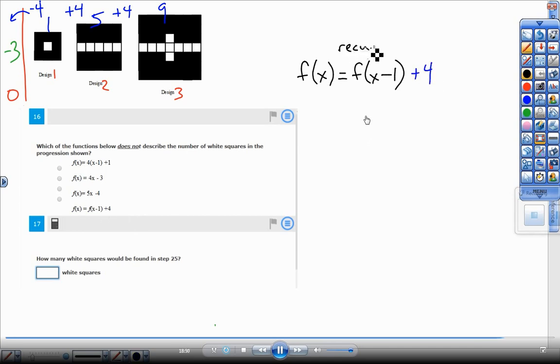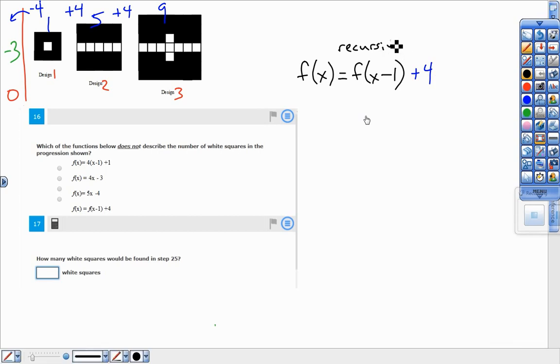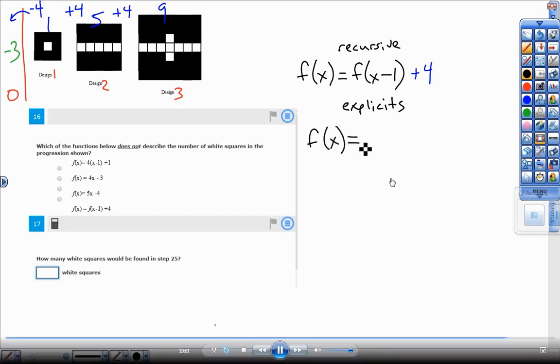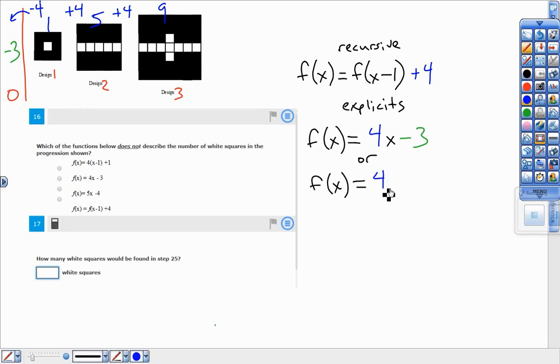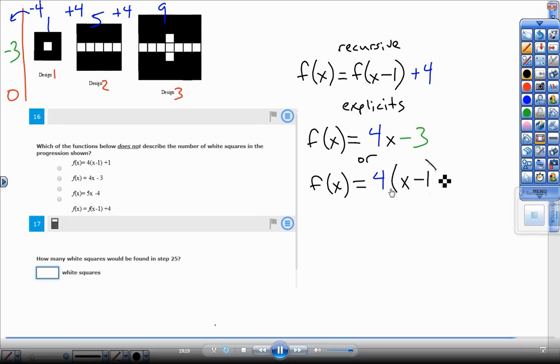My two explicits are f of x equals that 4 times x minus 3, and my other explicit is that same 4 times x minus 1 plus 1 right there. And I can see all of these except for this one with a 5 in front of its x are bad. But this one right here is the same as that, just backwards.